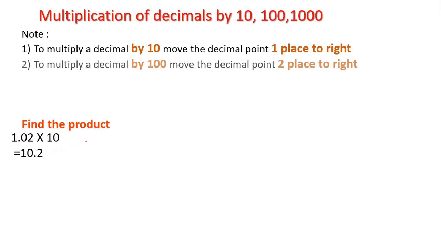Same way, to multiply a decimal number by 100, move the decimal point two places to the right. For example, to find the product of 3.2 and 100, we have to move this decimal point two places to the right side. But in the given number, on the right side, there is only one digit.